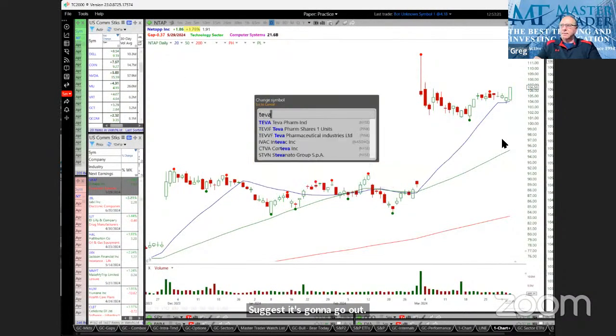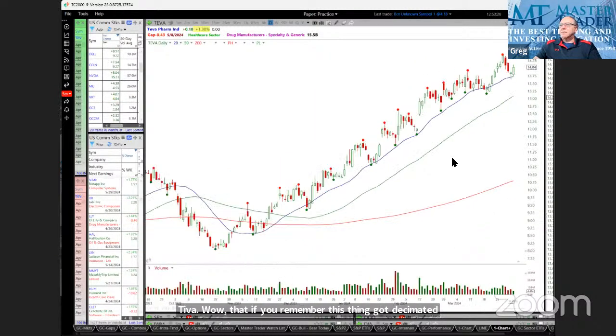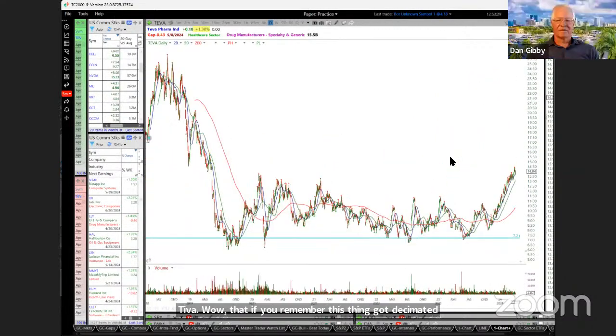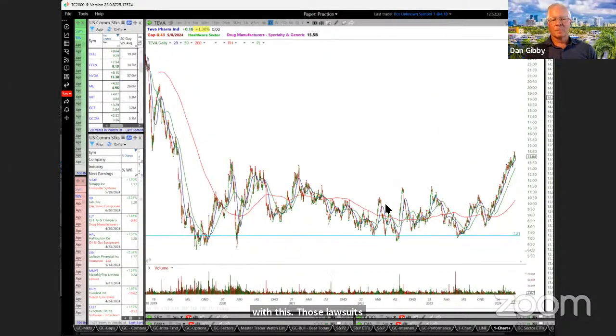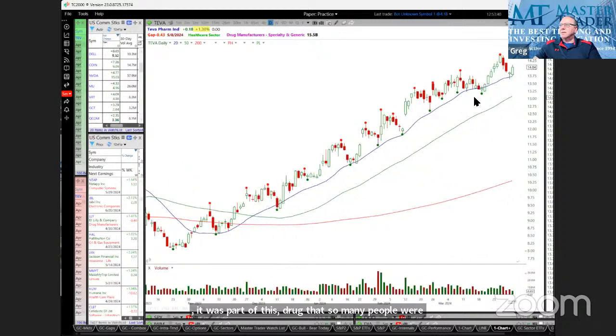Teva. Wow, if you remember, this thing got decimated with those lawsuits. Yeah, with the hedge fund guy. It was part of this drug that so many doctors were prescribing, people were taking, and I forget what it was. Anyway, let's come back.